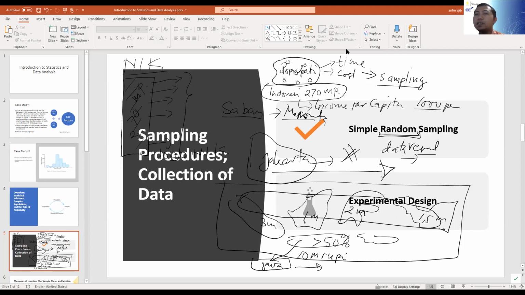You can see maybe this is 10 million rupiah, so the data will be on average 10 million. But in reality, in Sumatra, Kalimantan, Sulawesi, and Papua, it is much lower than in Jawa.